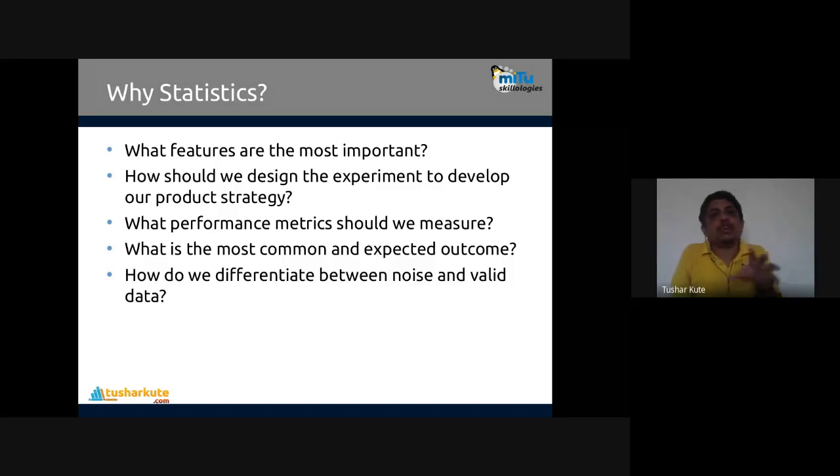Then based on that, you define the strategy for that class. That is how we design the product strategy. The next question: what performance metrics should we measure? That's very important. We'll see that also in classification and regression. We have classification problems, and we have regression problems.